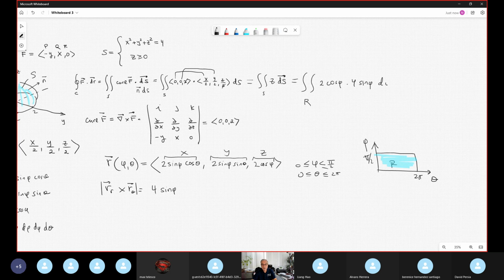Don't forget the d phi d theta. So 2 times 4 is 8. Cool. And the limits of our double integral are from 0 to pi over 2. Suppose I integrate first with respect to phi, and 0 to 2 pi when you integrate with respect to theta. And the answer is 8 pi.